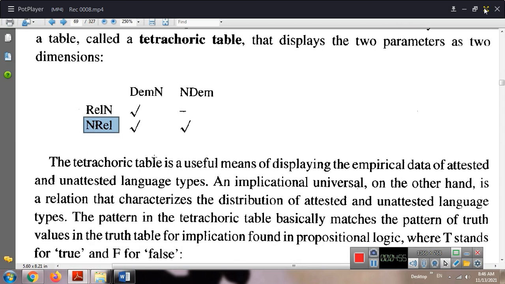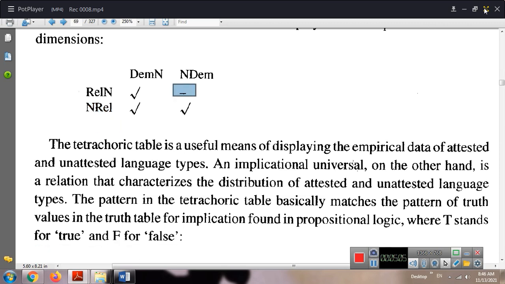The tetrachoric table is a useful means of displaying the empirical data of attested and unattested language types. Unattested means we don't have such a language. And implicational universals, on the other hand, are a relation that characterizes the distribution of attested and unattested language types.